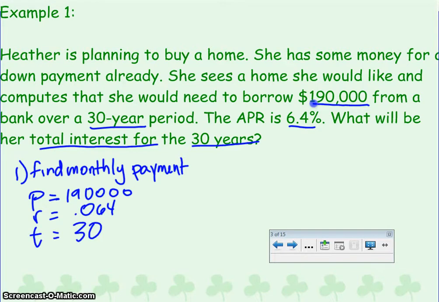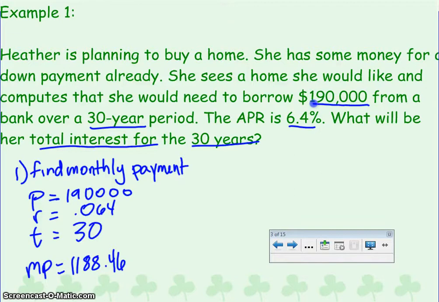When we plug in our monthly payment formula, which we already learned, go ahead and pull that formula out so you can put it into your calculator. We find that the monthly payment is $1,188.46.